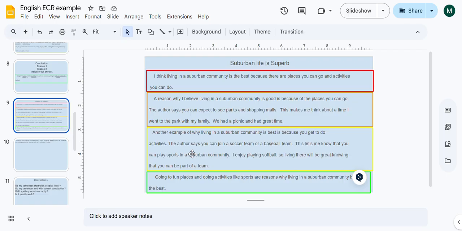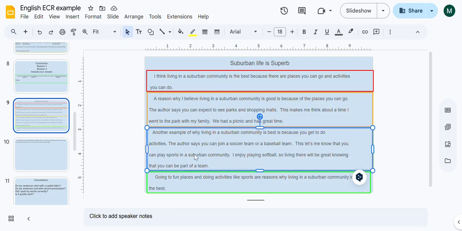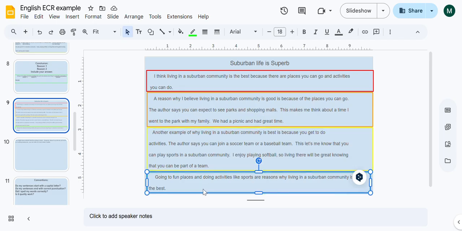Same with your 3rd paragraph, which is your reason 2, which also must include your sentence starter, your text evidence, and your reasoning, and your conclusion, which also must include your reason 1 and your reason 2, and restate your answer.